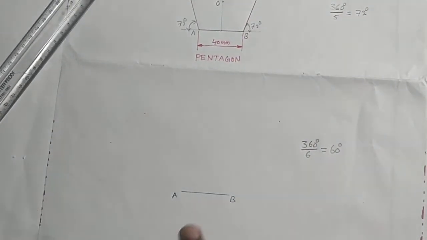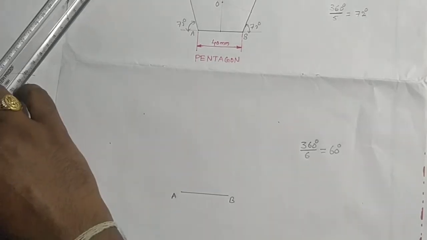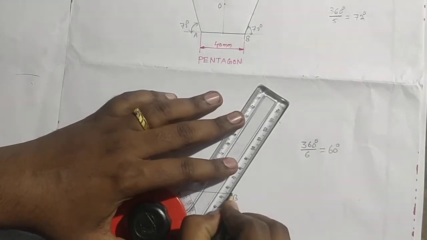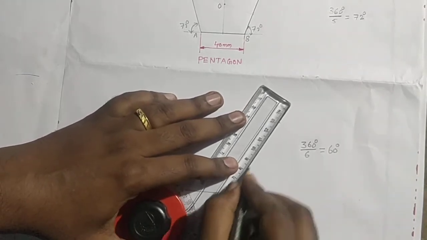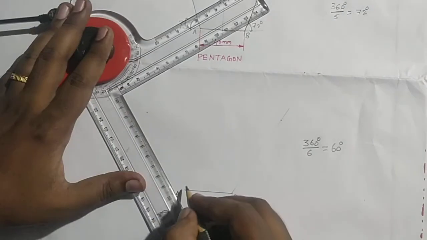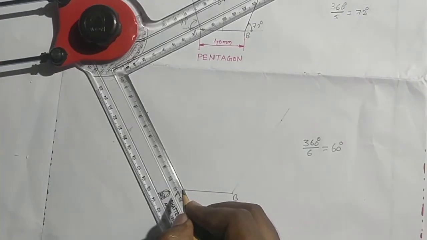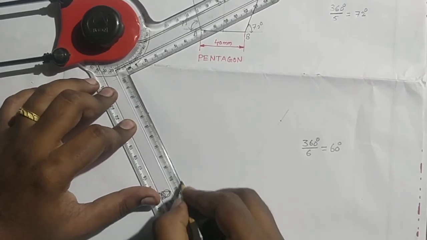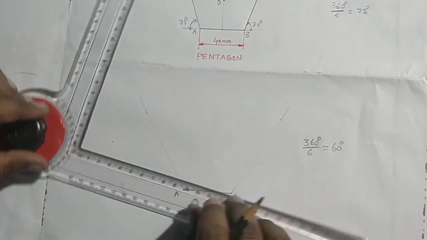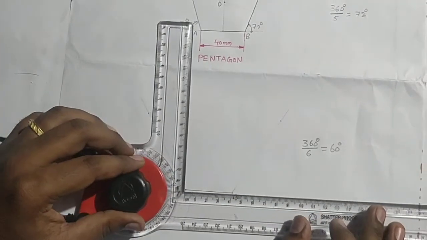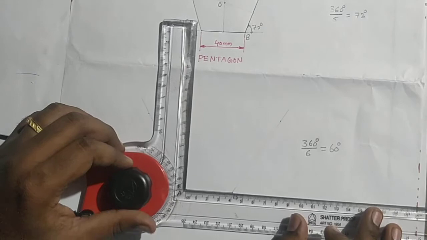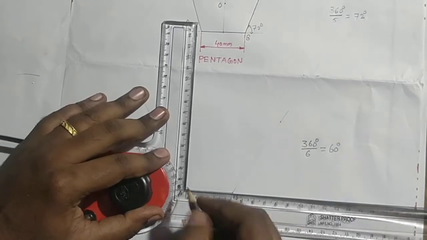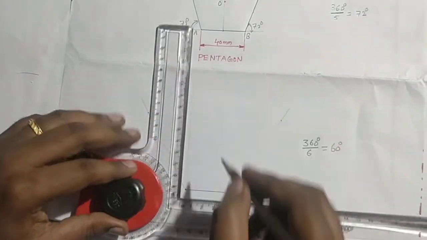Join lines from A to the located point. It is the point located at 60 degrees from A. Next, similarly, draw the perpendicular to the line AB at A and B.